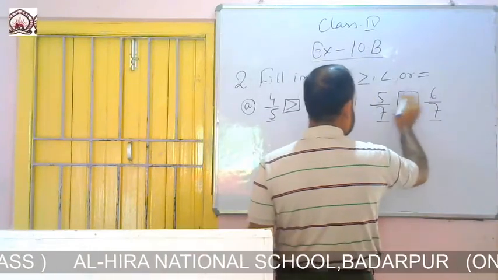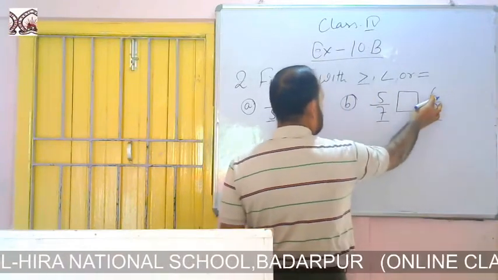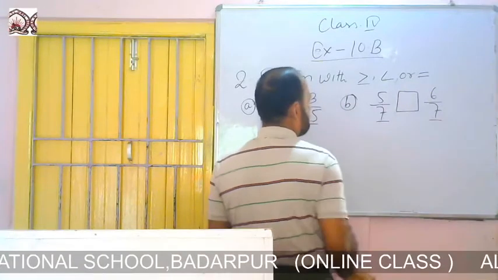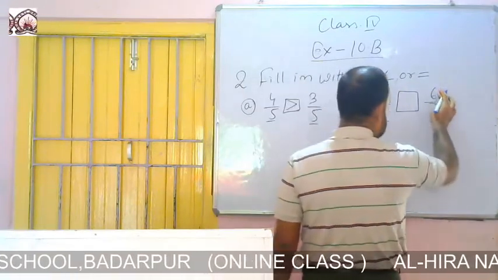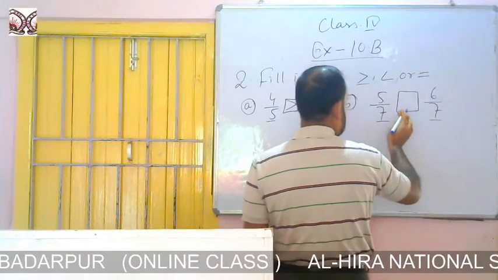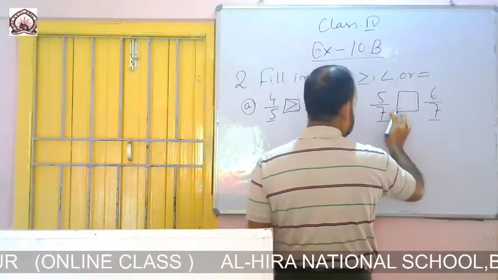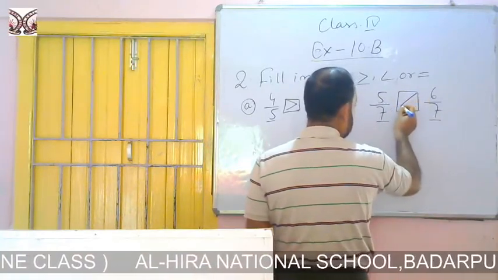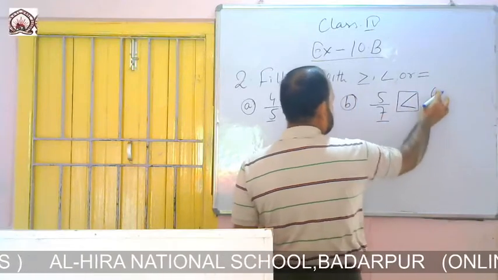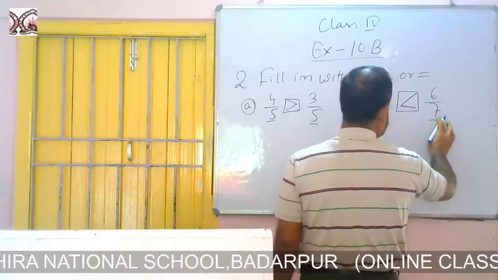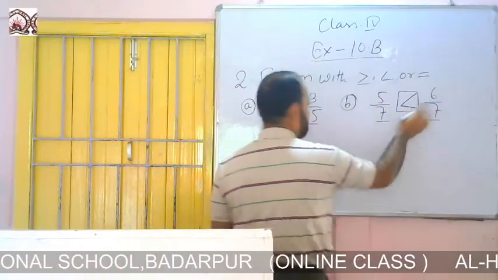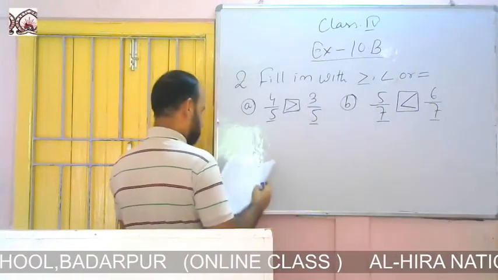Here 5, here 6. So 6 is more than 5. So 6 by 7 is greater. So we write 5 by 7 is less than 6 by 7.